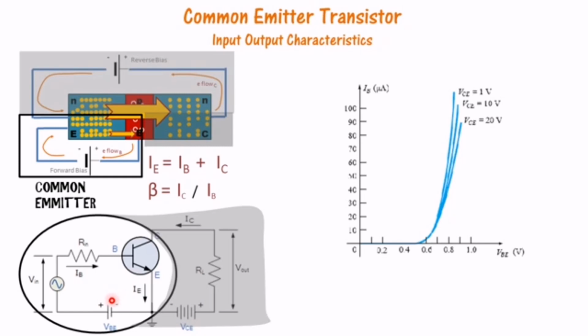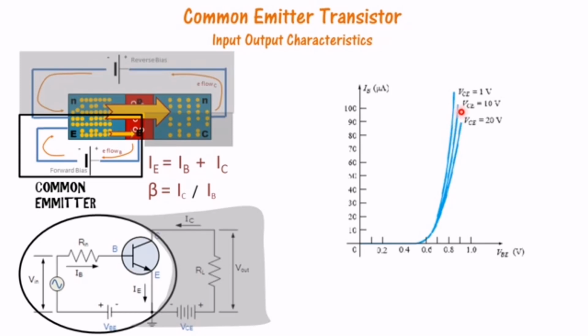What we notice is that when we increase the base emitter voltage from 0 to about 0.6 volts, there is no current flowing because the depletion layer is still there. But after this 0.6 volts is crossed, we see that the current starts to flow in the base emitter circuit.